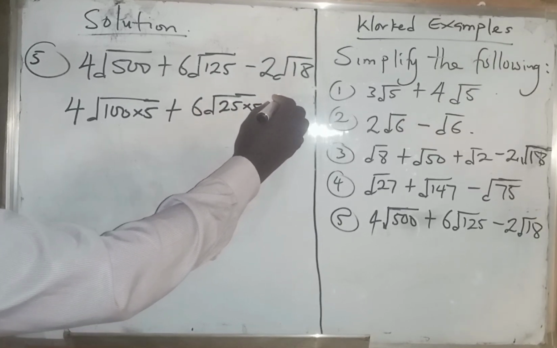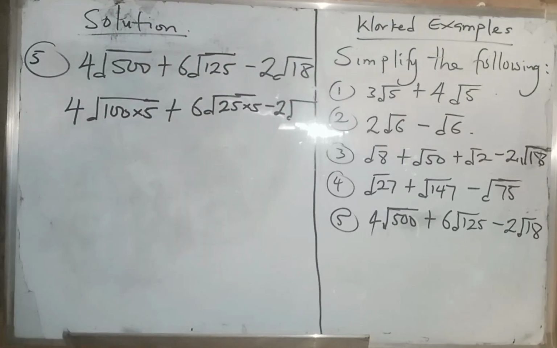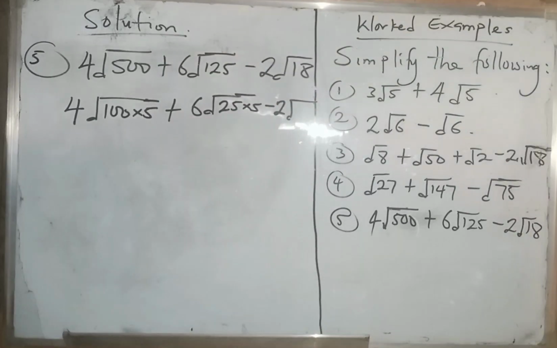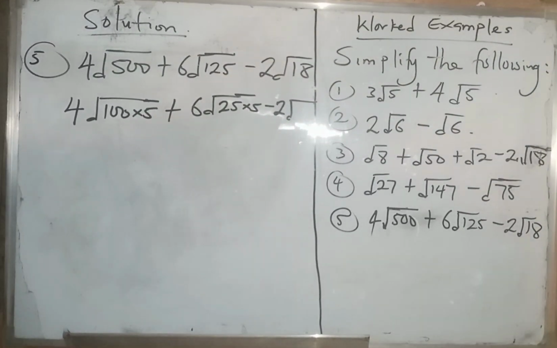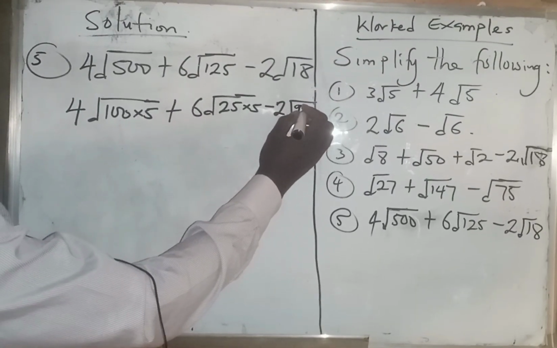Then we have 2 root 18. Now 9 is a perfect square, a factor of 18, and 9 by 2 is 18. So we have 9 times 2 here.